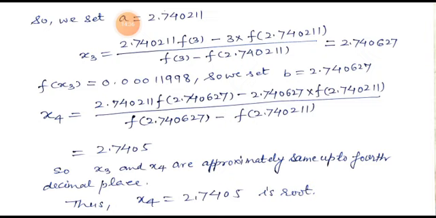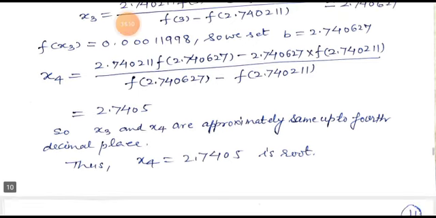Hence the process is nearly at its end, because the two values found by the iteration are the same. Whenever we get the same value in further iterations, the process ends and that value is the solution of that particular equation. Here the final value is x4, that is 2.7405, which is the root of the given equation.